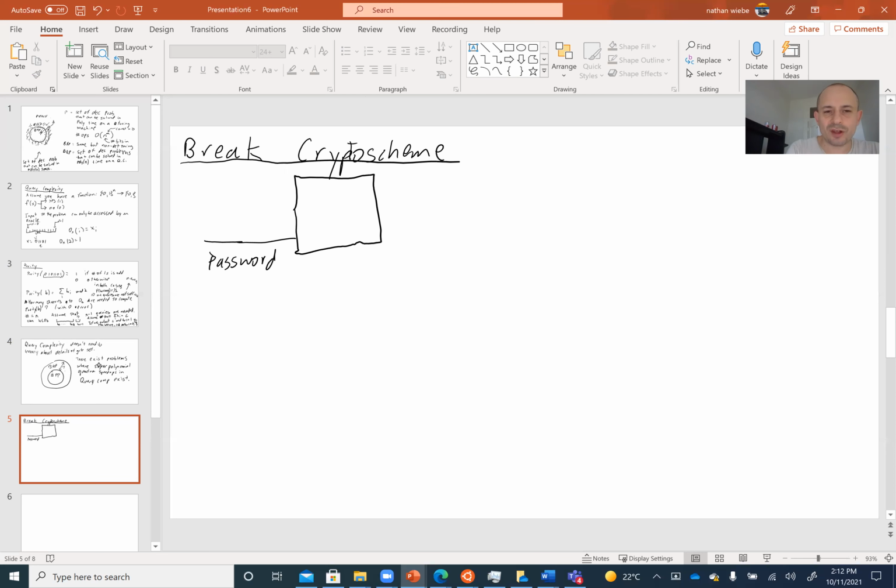And so we could envision that we've got a subroutine that checks the password and outputs 0 or 1. And a naive algorithm would loop over this a whole bunch of times.